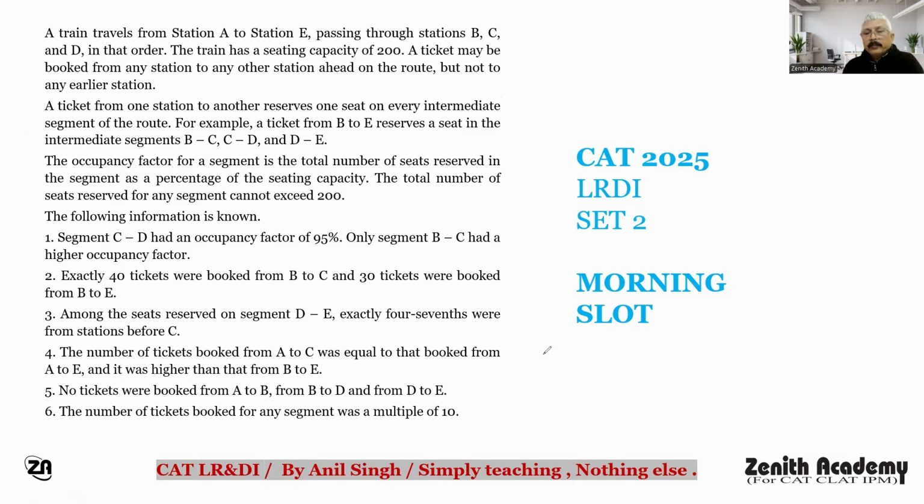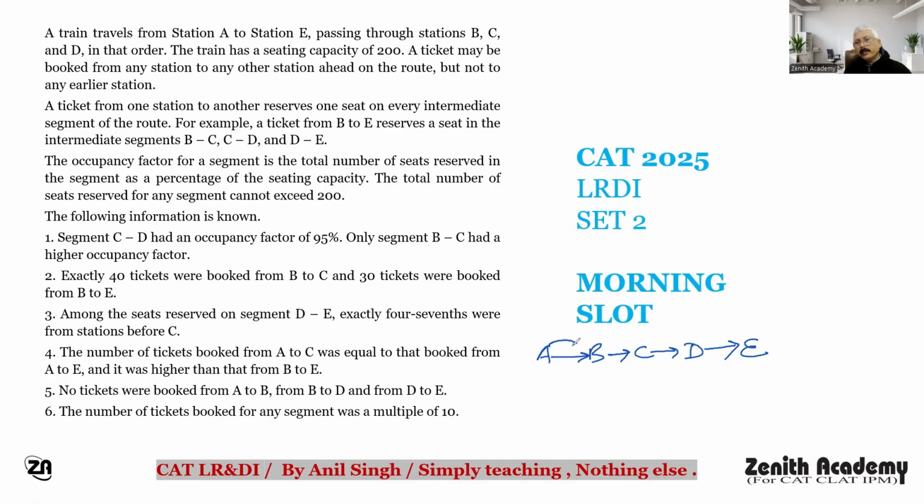A, B, C, D, E. So the train is moving from station A to B to C to D to E. And a ticket can be reserved from any station to any other station, but only in one direction.